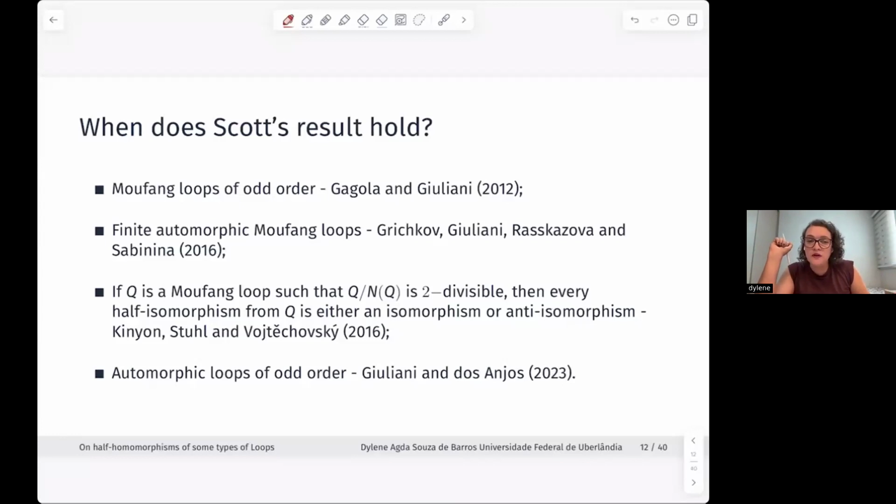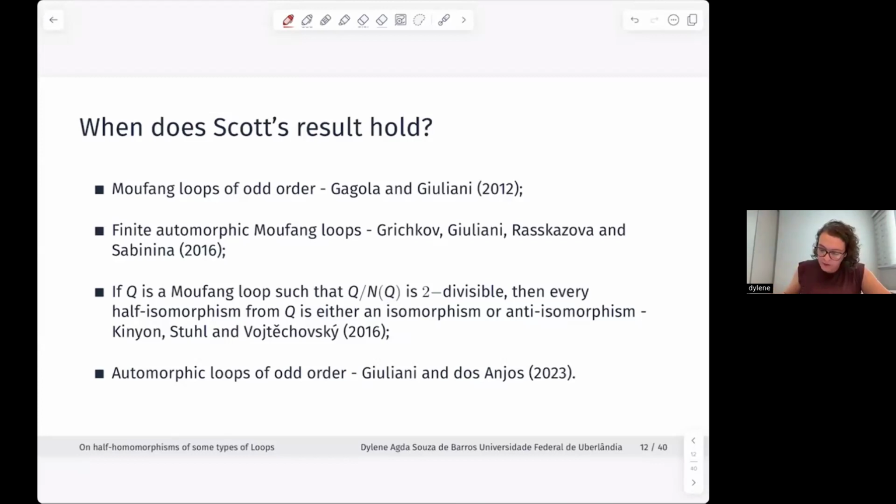For finite automorphic Moufang loops, you also have the same result. If Q is a Moufang loop such that the factor of Q by its nucleus is 2-divisible, then every half isomorphism from Q is either an isomorphism or an anti-isomorphism, and there is no proper half automorphism of an automorphic loop of odd order.